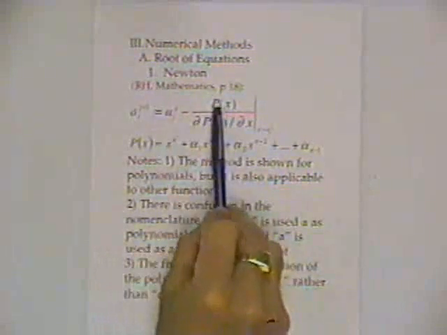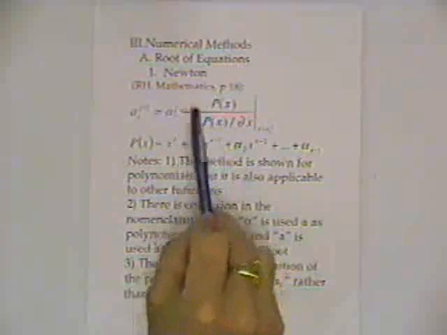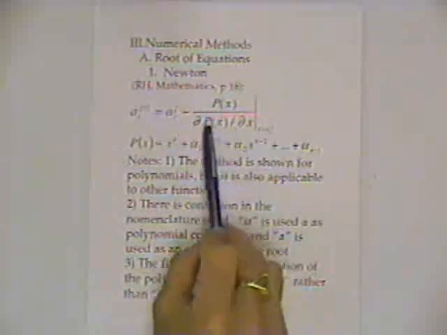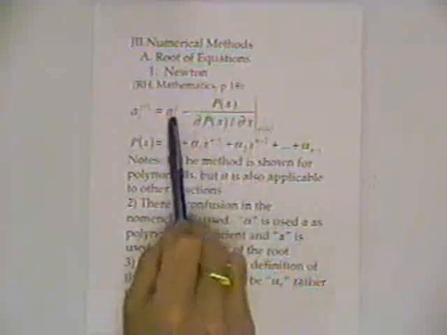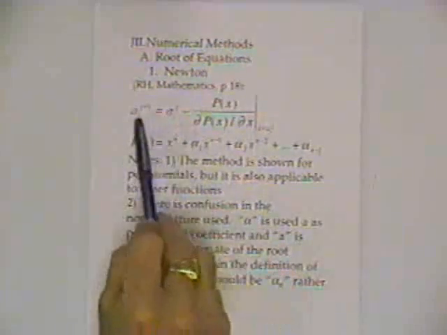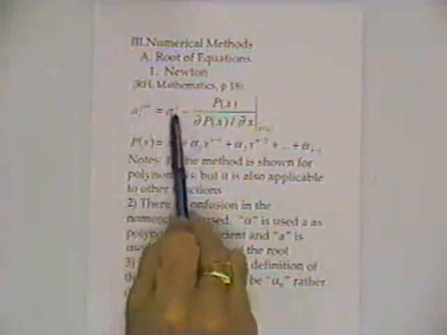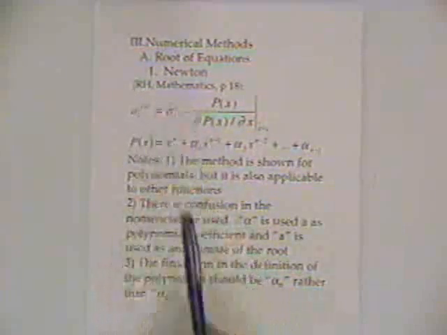You calculate the function p of x at x equal to that first estimate. You calculate the first derivative of the function at that same estimate, take the ratio, and subtract it from that initial estimate to calculate a better estimate. Then you redo it, and you continue until you get close enough. And close enough just depends on the specific problem.